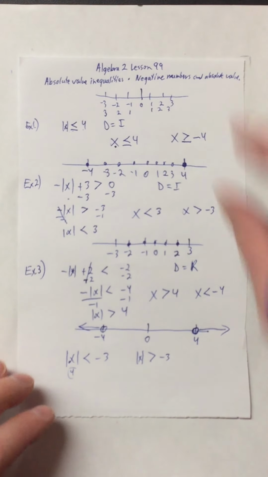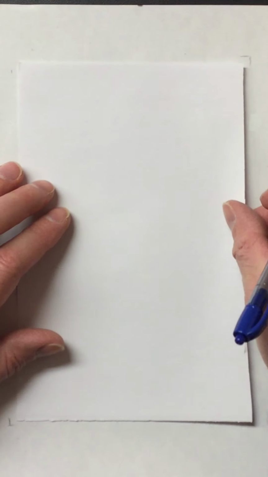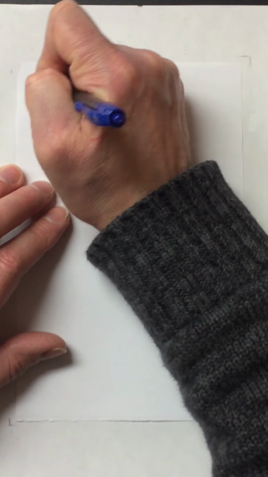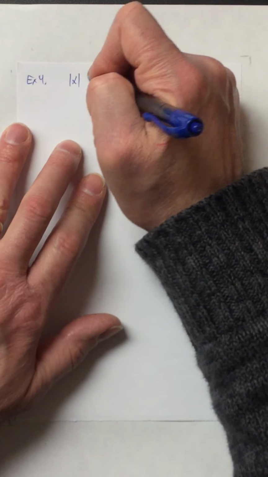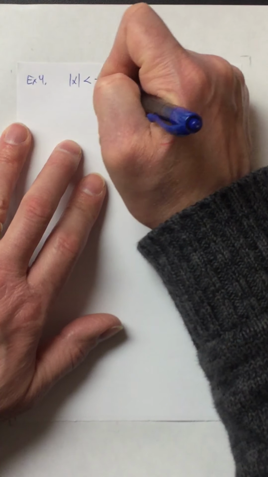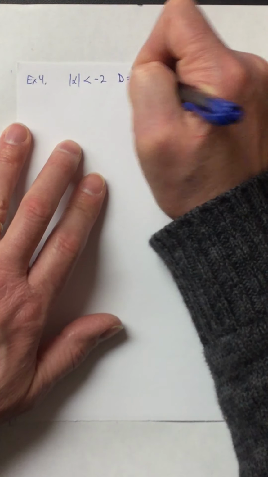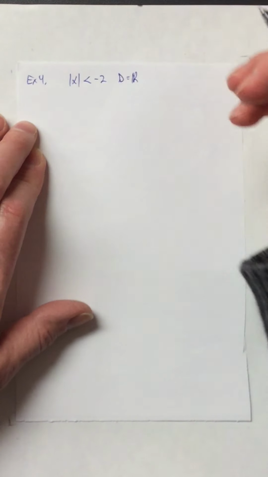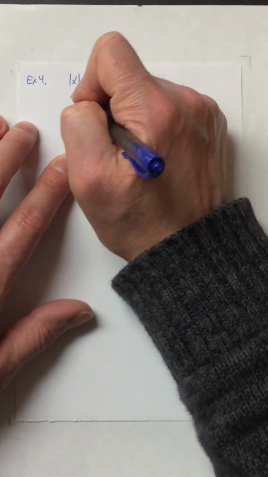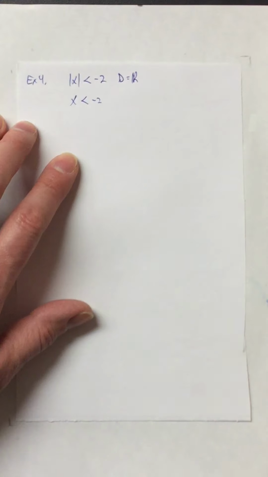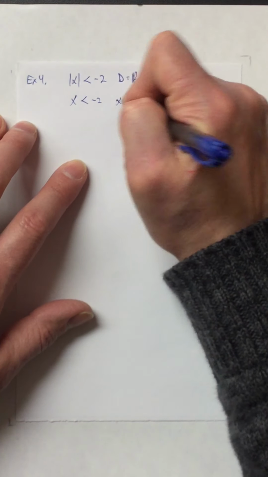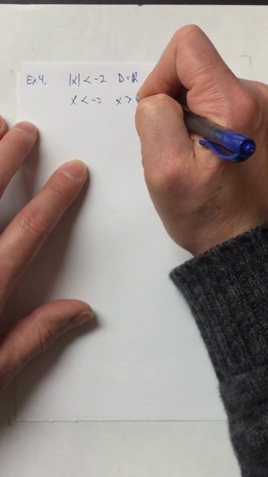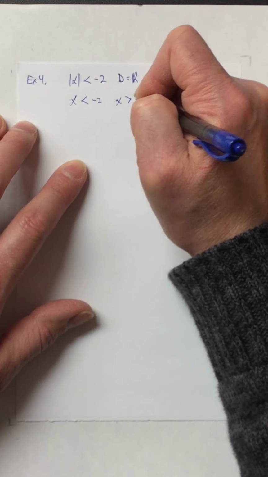Okay, so they demonstrate that in example 4, so let's look at that. All right, example 4 here. We're given absolute value of x is anything less than negative 2. The domain is all reals. So in this case, we would just write it out. x is anything less than negative 2, or x is anything greater than positive 2.